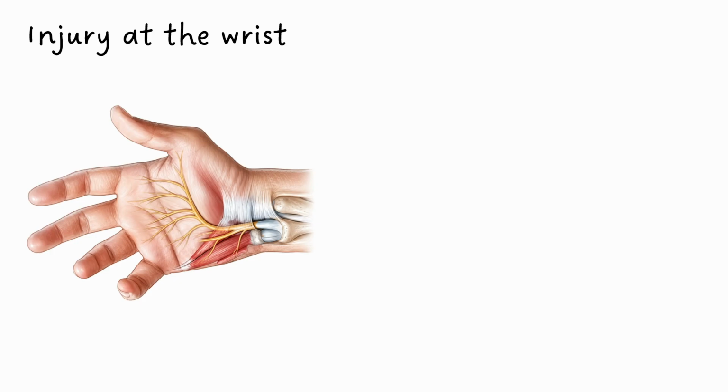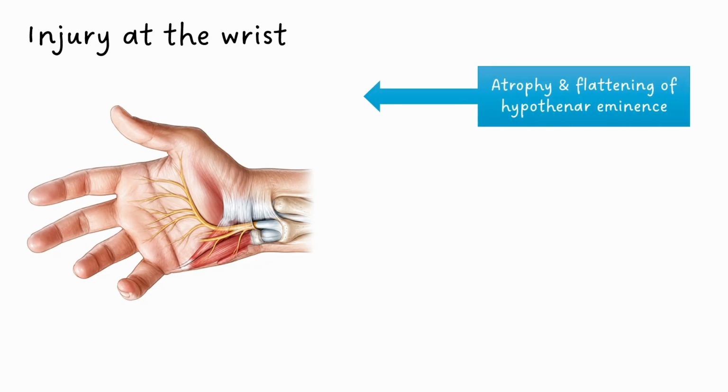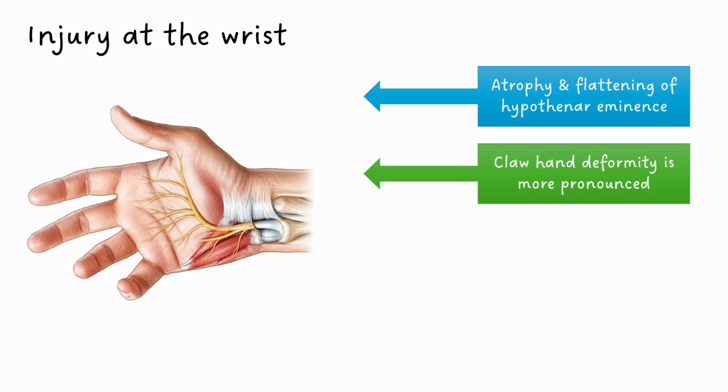Characteristic clinical features of the injury of ulnar nerve at the wrist include the atrophy and flattening of hypothenar eminence, and the claw hand deformity affecting the ring and little finger. Here, this deformity is more pronounced than the injury at the elbow, because here the flexor digitorum profundus muscle is not paralyzed, because the branch supplying the medial half of the flexor digitorum profundus is given off by the ulnar nerve before it enters the hand, in the forearm itself.